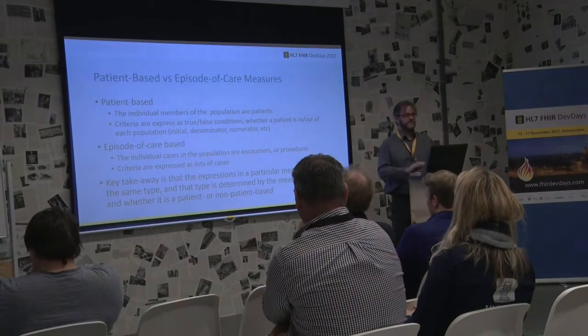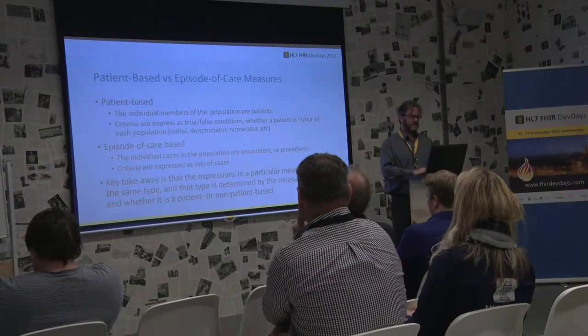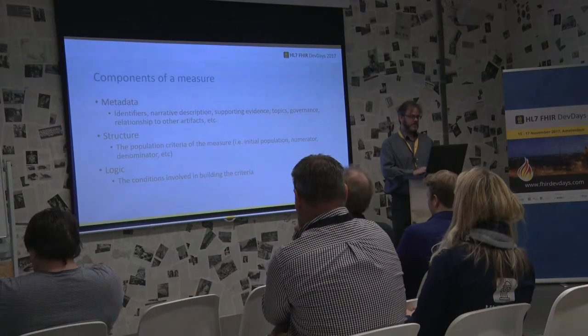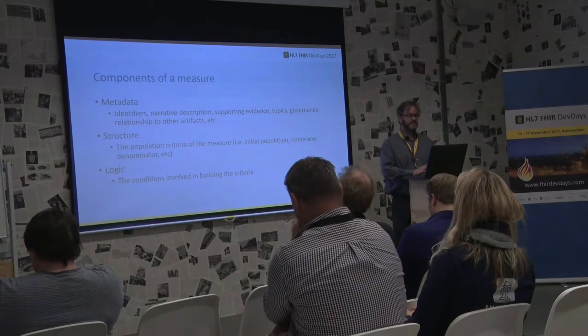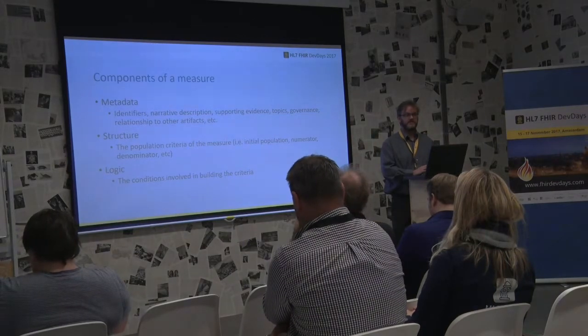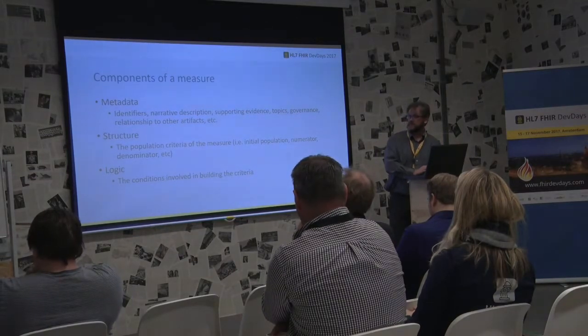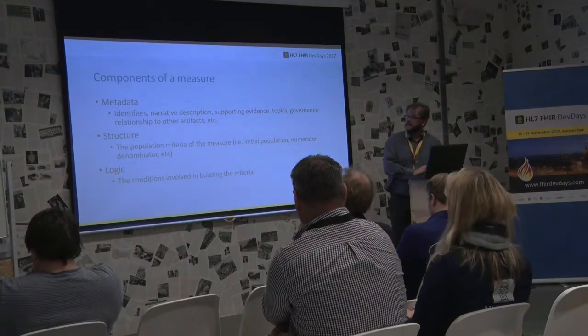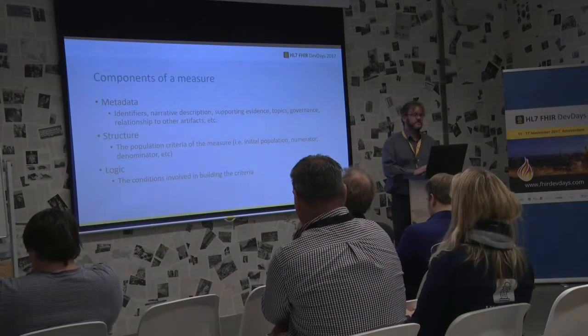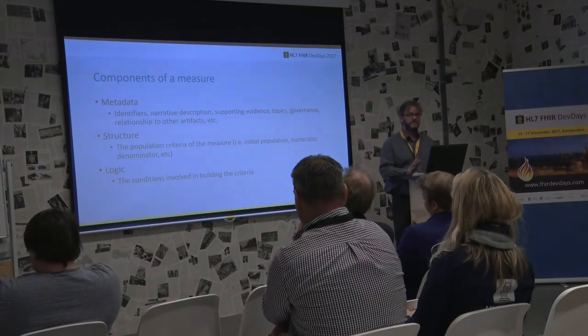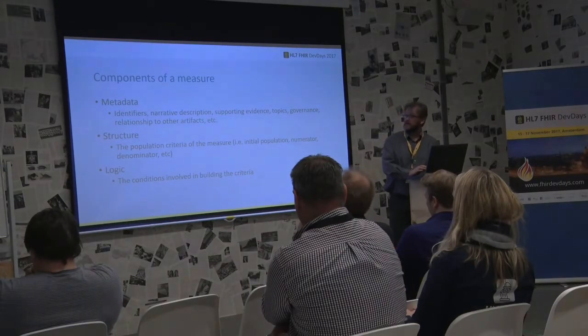This is all just kind of general, and then what we go from here is how we actually represent this in FHIR. So the measure resource in FHIR is capable of capturing all that information that we just talked about. So it starts with metadata. You have identifiers, you have narrative description, governance type information, supporting evidence, and relationships to other artifacts.